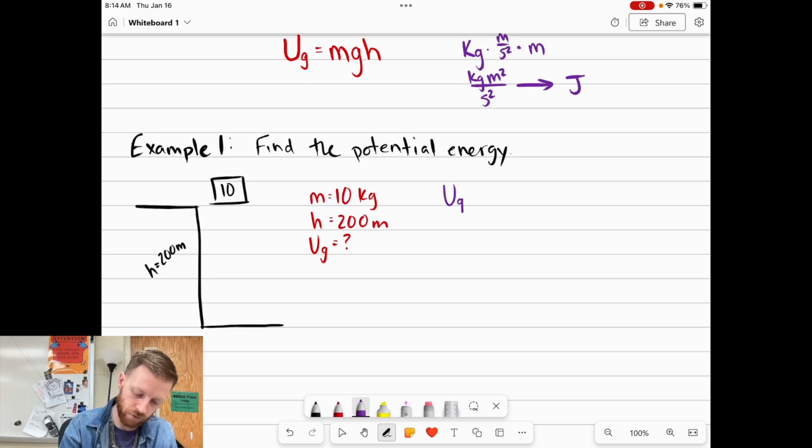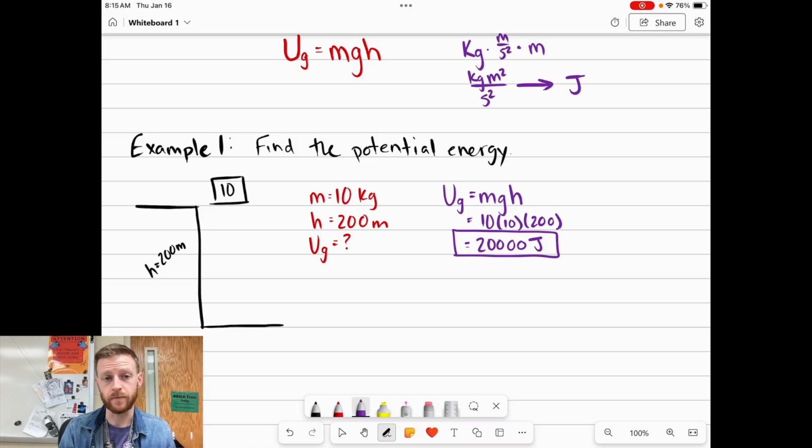I have U_G equals mgh, where our mass was 10, g is equal to 10 in problems, so we know that, times 200, which gives me 20,000 joules of potential energy.